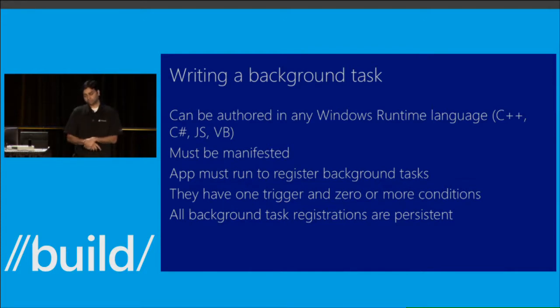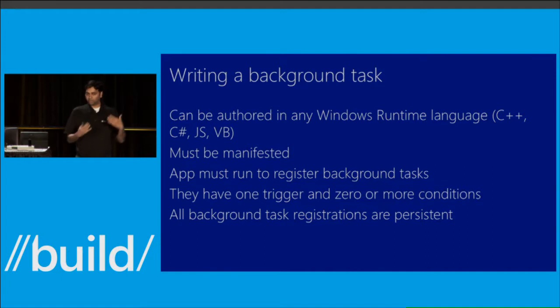The other reason we need the manifest piece is that when you think about it, a background task, the entry point or your class at the base layer, is simply just a COM class. You probably don't have to look at all of this goo, but when you implement a COM class, you need to provide a class ID, a host name, and an executable, and this needs to be registered with the COM infrastructure so that COM can launch your class properly.